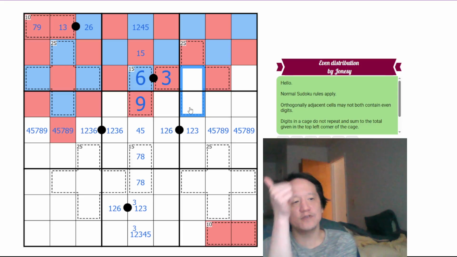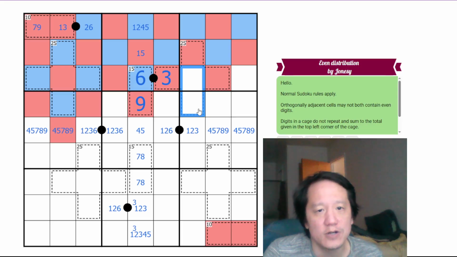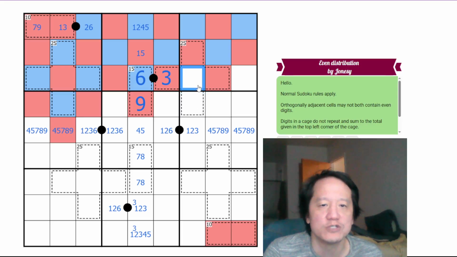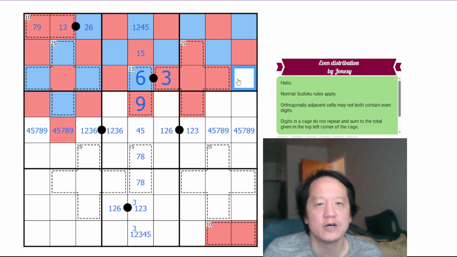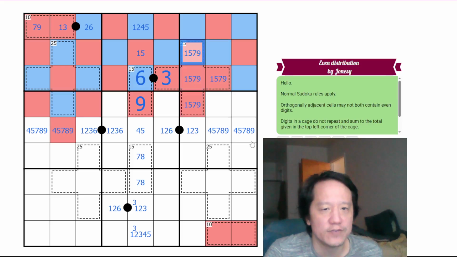To add up to even, you must be even or odd and odd. And if we had even here, they would share an edge, which is not allowed. So these are both odd, which forces this to be an even cell remaining in row 3. So this has to be 1, 5, 7, 9, guaranteed, to add up to 25 here.